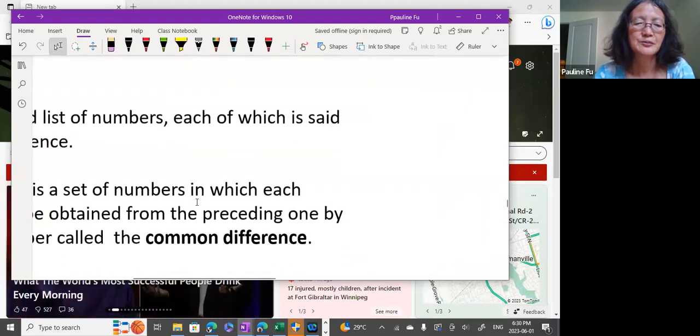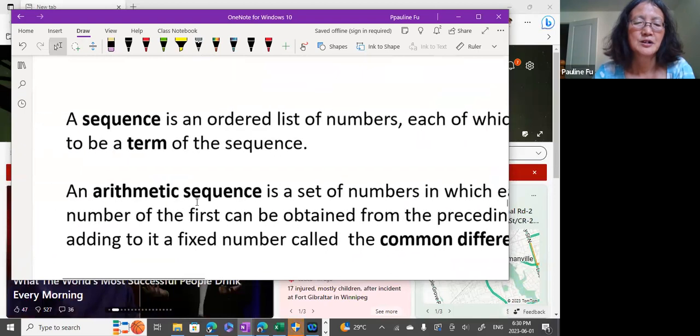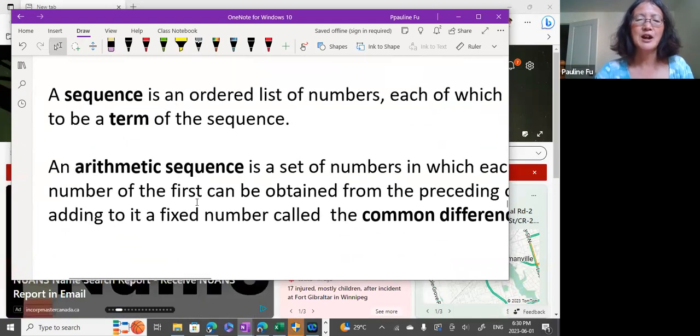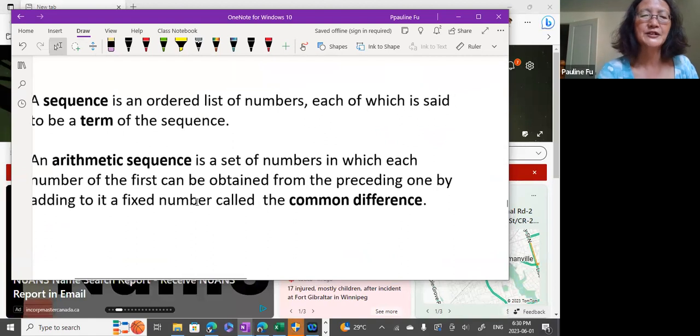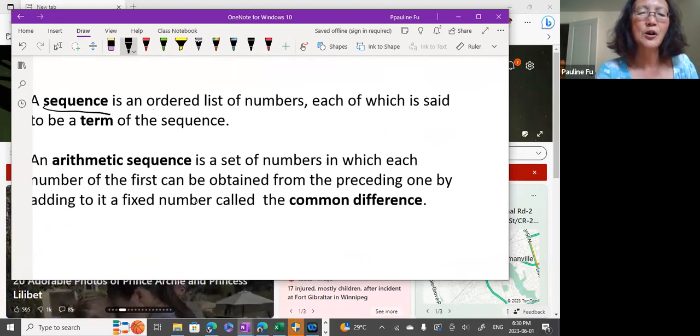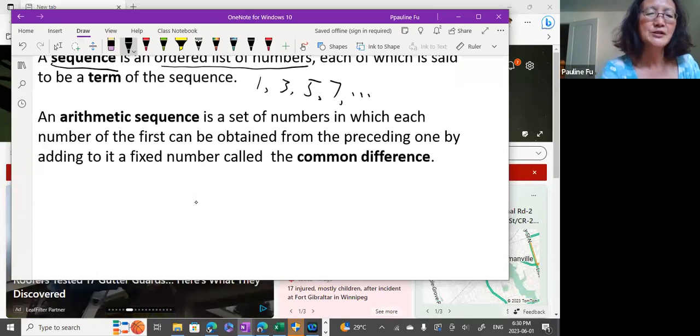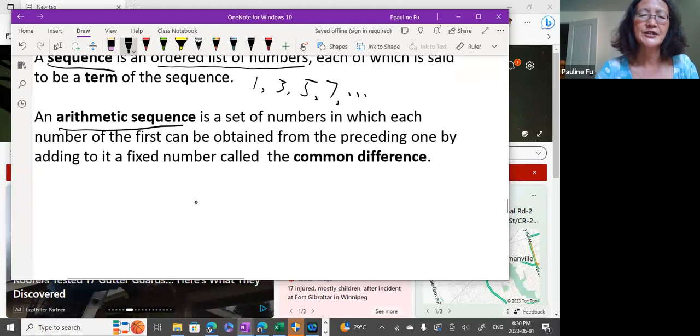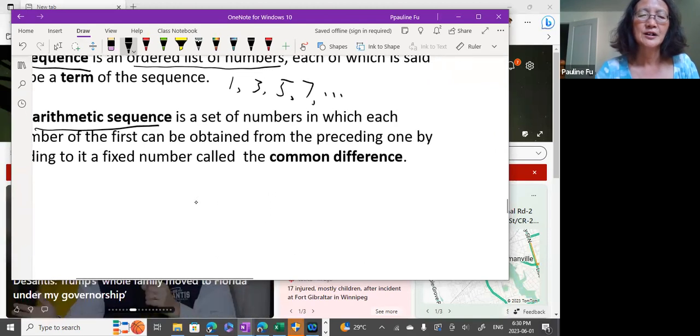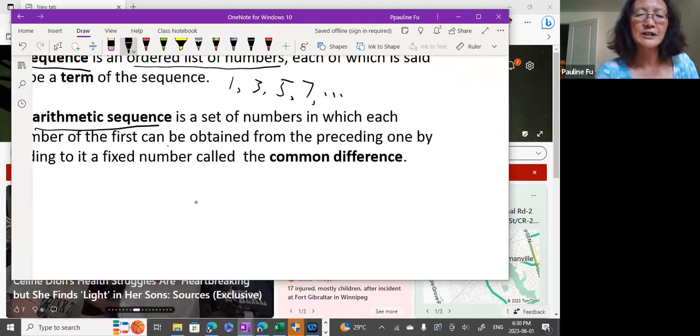Okay, so this is just a summary of what we have learned so far. What is a sequence? A sequence is just an ordered list of numbers. For example, 1, 3, 5, 7, and so on. That is a sequence. An arithmetic sequence is one where each number can be obtained from the preceding one.